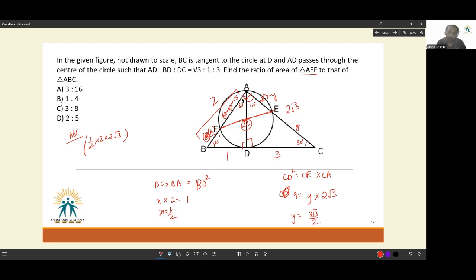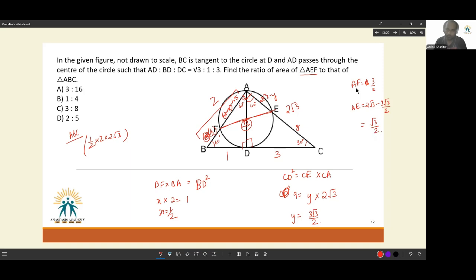So now I have this is 1.5. This is 2 root 3 minus Y, no? So AE will be equal to, I have now AF is equal to 1.5 or 3 by 2. And AE will be equal to 2 root 3 minus 3 root 3 by 2, or it will be root 3 by 2.